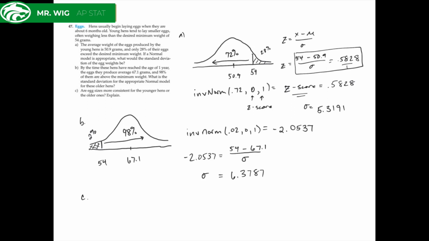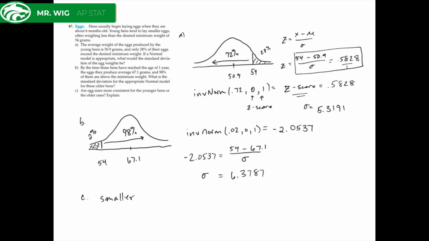In part C, it asks us, are the egg sizes more consistent for the younger hens or the older hens? You have to remember that consistency, whether the values are consistently the same or there is a large variety of egg weights, is definitely related to spread. The standard deviation for the smaller hens is 5.3, and the larger hens have a 6.4 standard deviation.